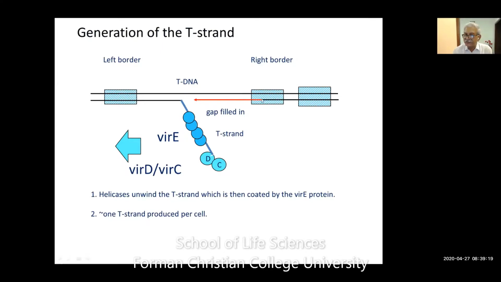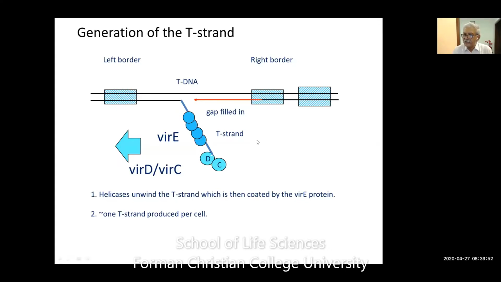So this strand which was nicked here is down here, separated from the second strand. And when the strand is separated by the helicases, there is another virulence protein which starts binding to this single-stranded DNA to make it capable of movement from the bacterial cell to the plant cell. And this protein is known as VirE.